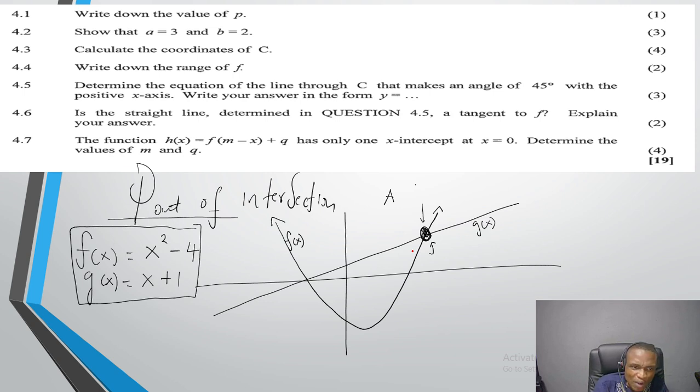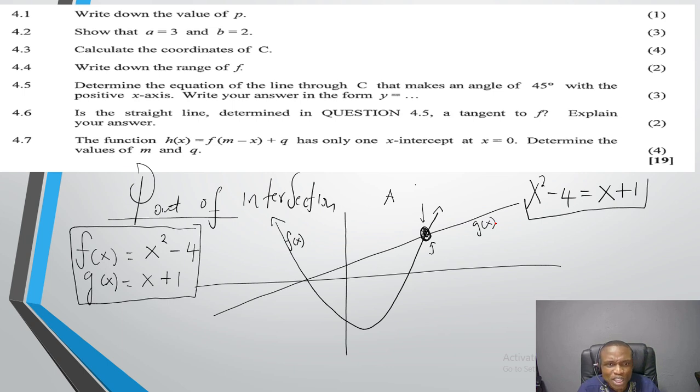What is the equation of f in this case? It is x squared minus 4. So I'm going to take this x squared minus 4 and equate it to the equation of g. What is the equation of g? x plus 1. So by equating the two equations, I'm looking for the point of intersection.